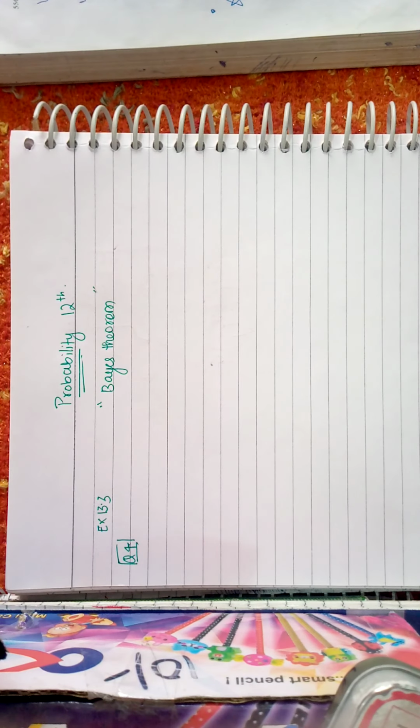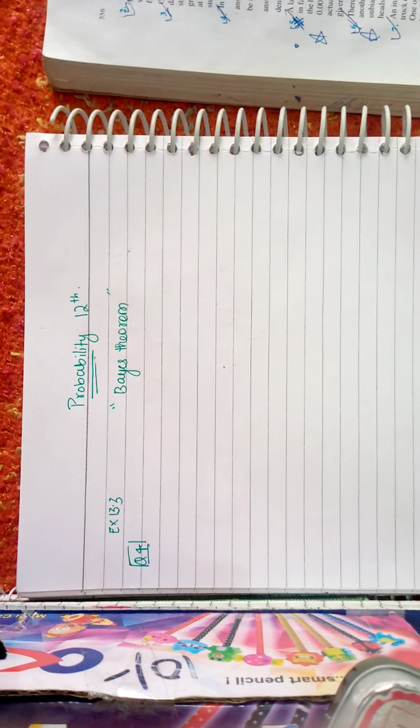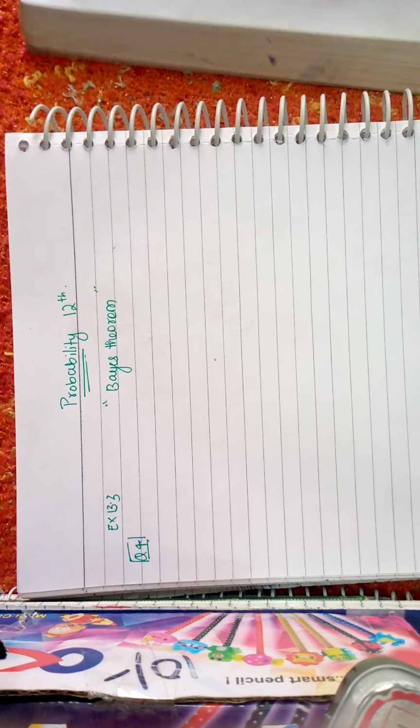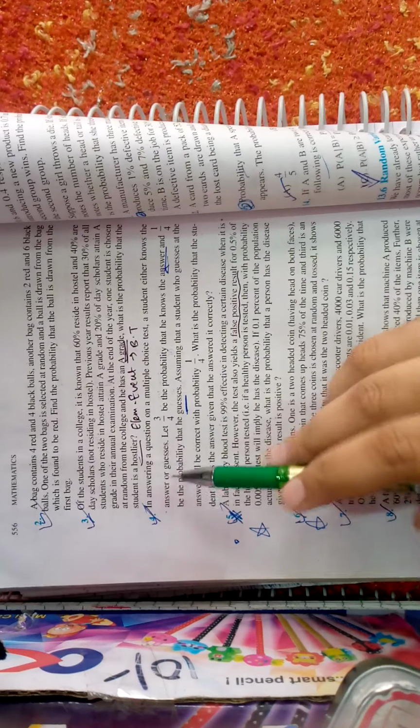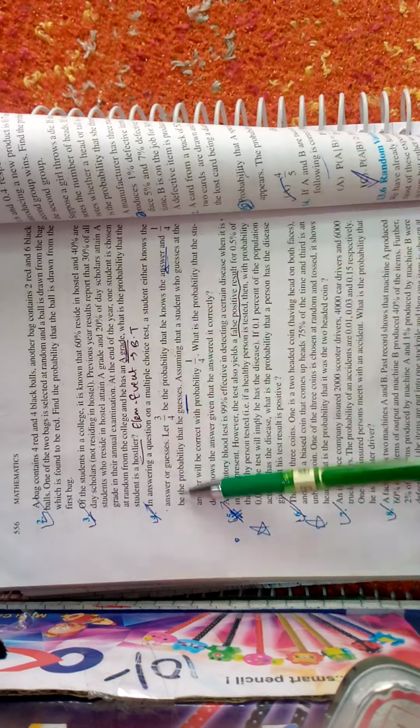The question says that we have two elementary events. The first is that the student knows the answer, and the second is that the student guesses the answer, and the respective probabilities are given.